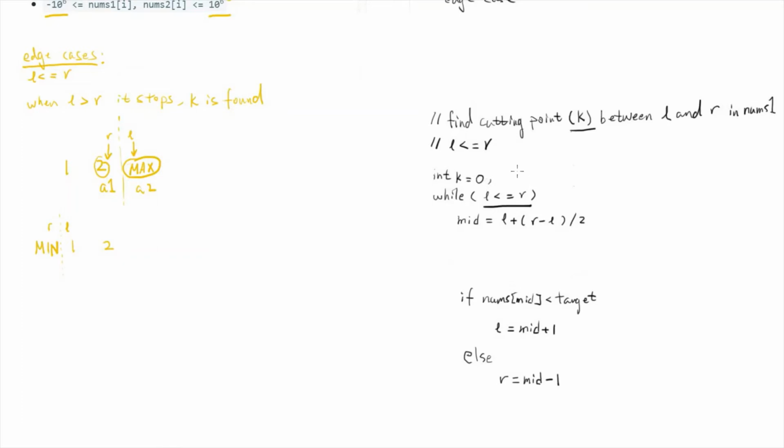Also, we need an integer L for the left boundary, default to 0, and R for the right side boundary. And we initialize R with the last value in our first integer array. So the size of the first array is m, and the index for the last value is m minus 1.